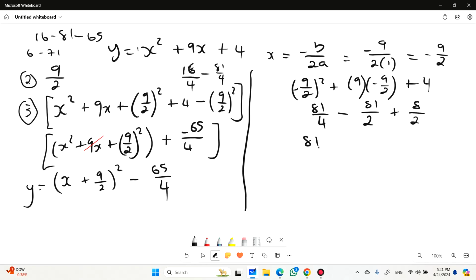And hence I'll have 81 over 4 minus, so this will be 2 over, so 81 minus 81 plus 8, that will give us a negative, and then if you take that, that will give me 73, right? And then what can I do?